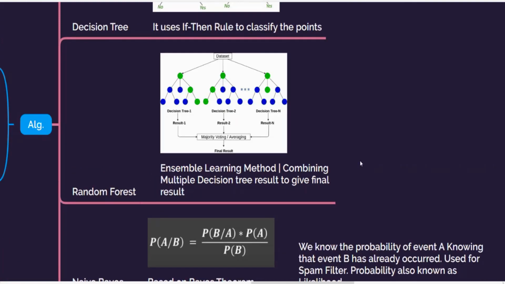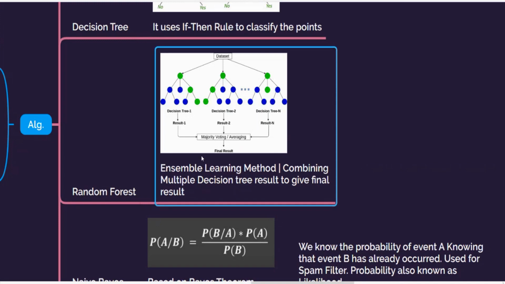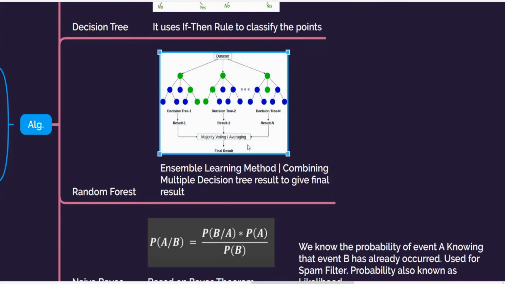Then we have the random forest method. This random forest is not a separate algorithm; it is what we call ensemble learning. What ensemble learning does is it takes one existing algorithm and repeats it multiple times in different formats, and it collects all the outputs and finally gives the result based on majority voting or on an average basis.